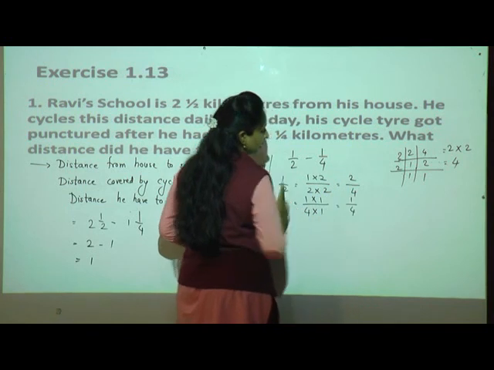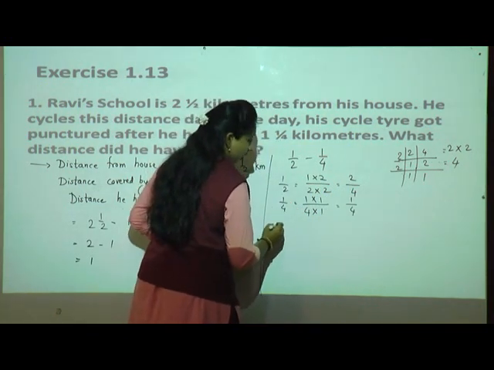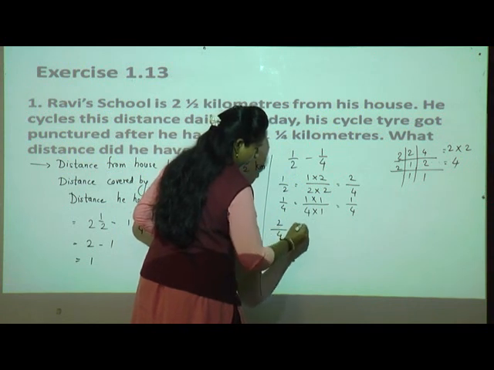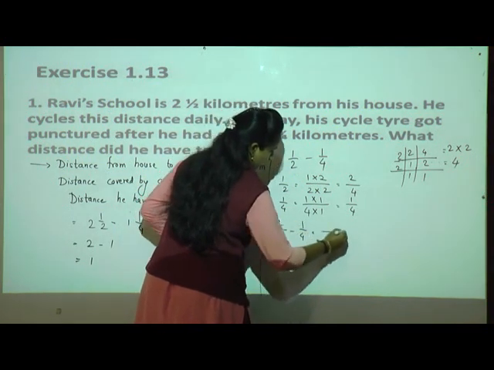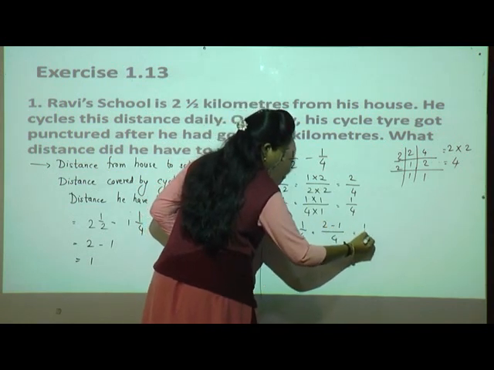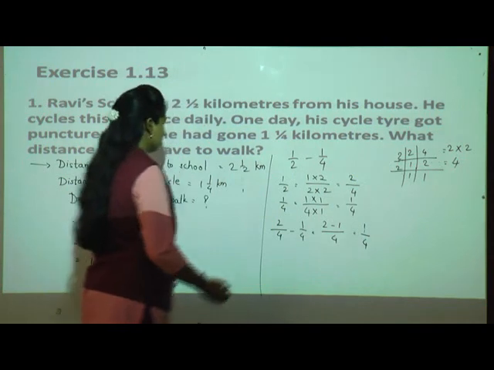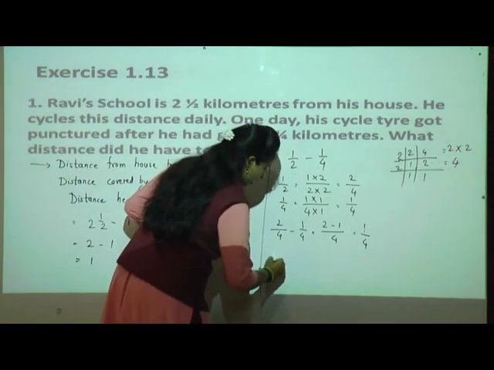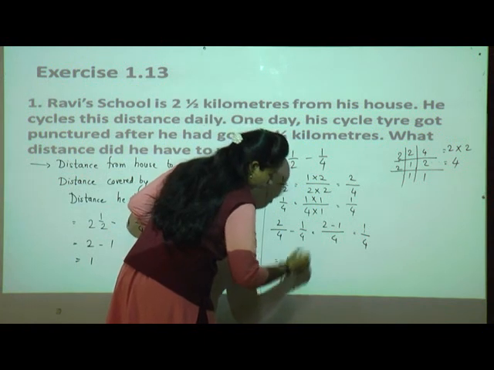Now we got both the denominators the same, so we can subtract. So 2/4 minus 1/4. So write the denominator once, 2 minus 1 is 1/4 and the whole number is 1. So here the answer is 1 upon 4.